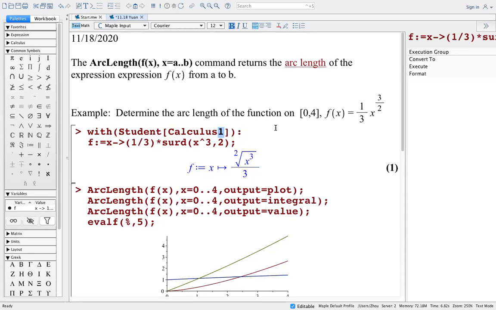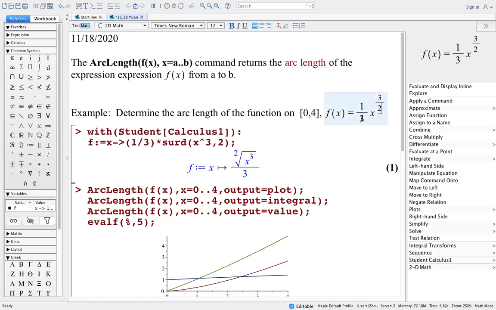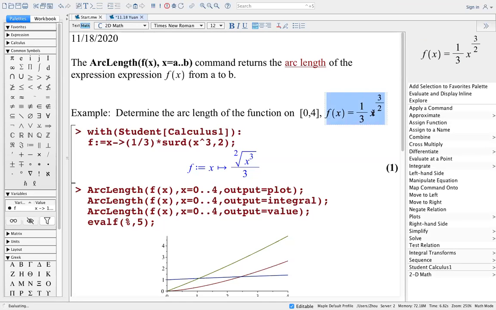Once you load the package, then you can use the command. The format is function in the front, comma, then x equal a to b. I have this example here trying to find the Arclength for the function f of x equals 1/3 of x to the 3/2. I took this function from the lecture example too, so you can go back to the YouTube video and see how they do it manually.